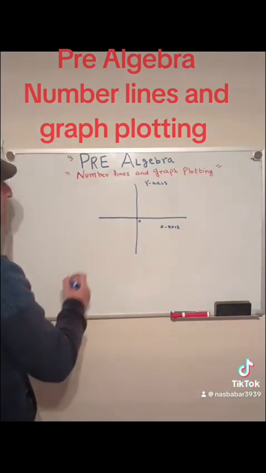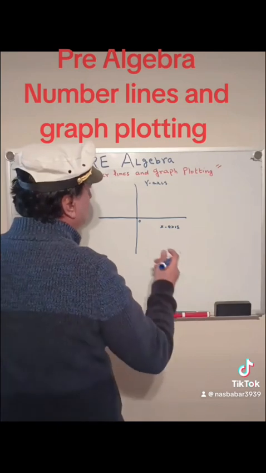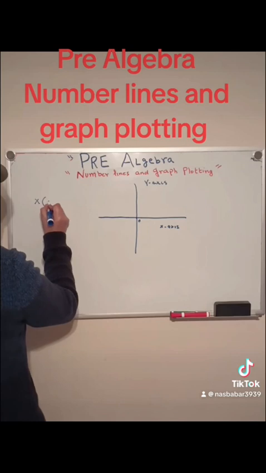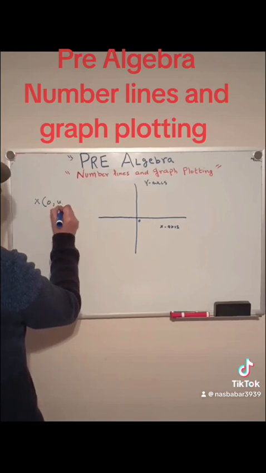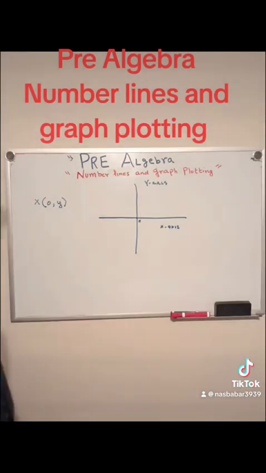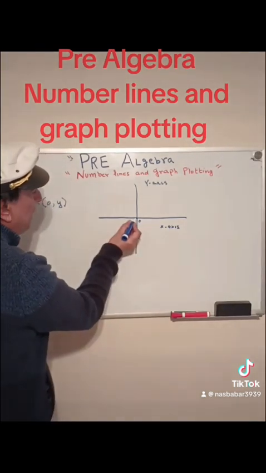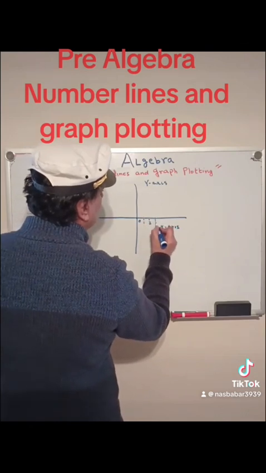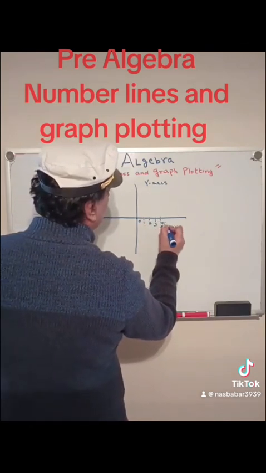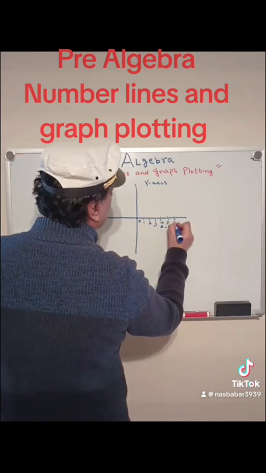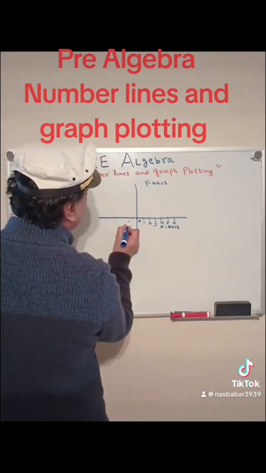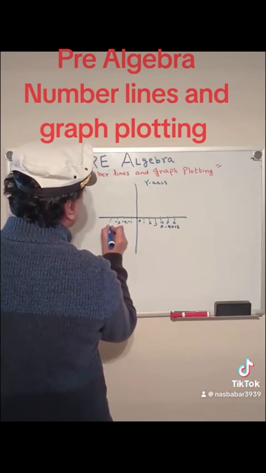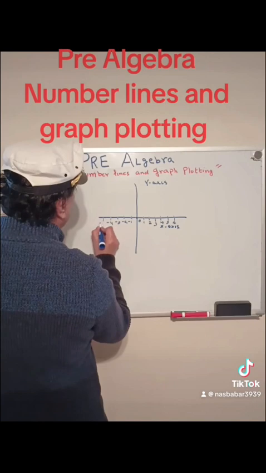So in this particular case, let's say for x we have 0, and for y we also have 0 position on the graph. So that would be right here. Now let me draw this: 1, 2, 3, 4, 5, 6, and then over here -1, -2, -3, -4, and -5.